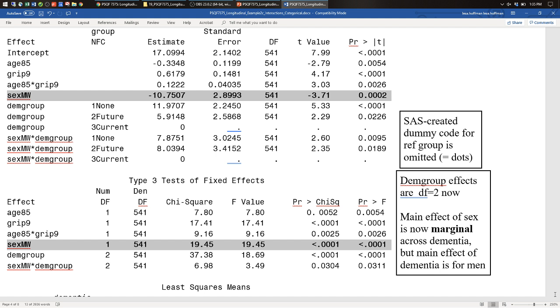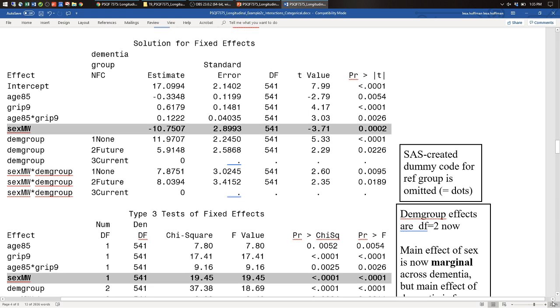So what this minus 10 means for this sex effect, it is the gender difference for the reference group. This is the difference between men and women who currently have dementia. That's what this is. Minus 10.